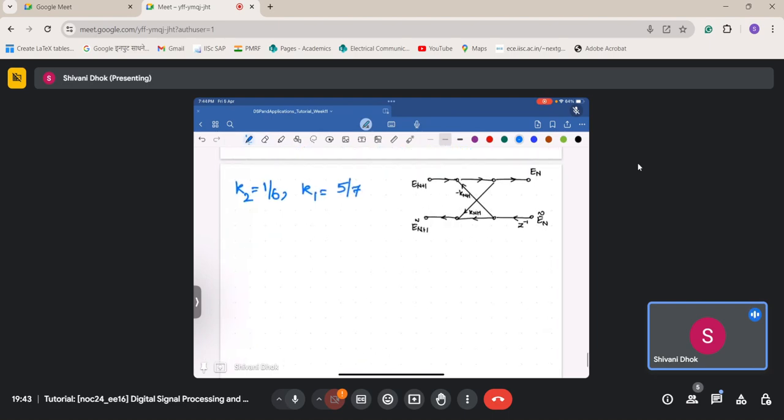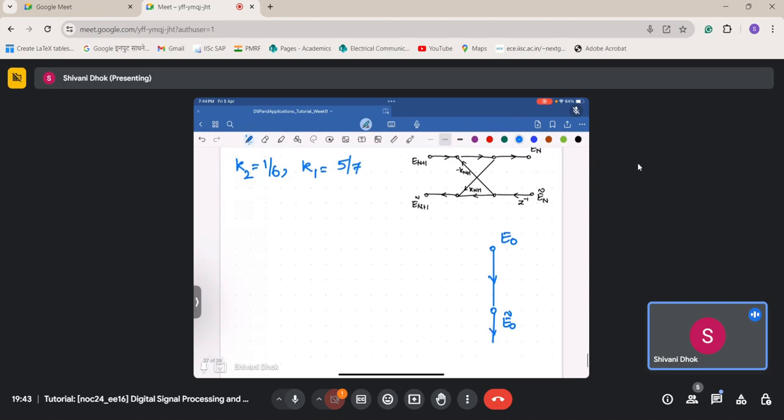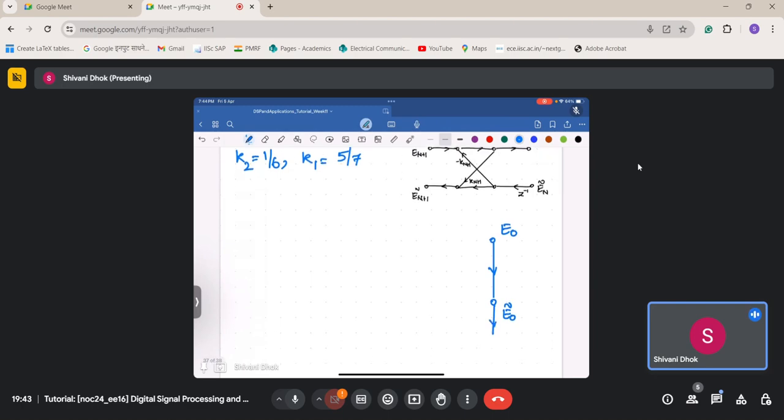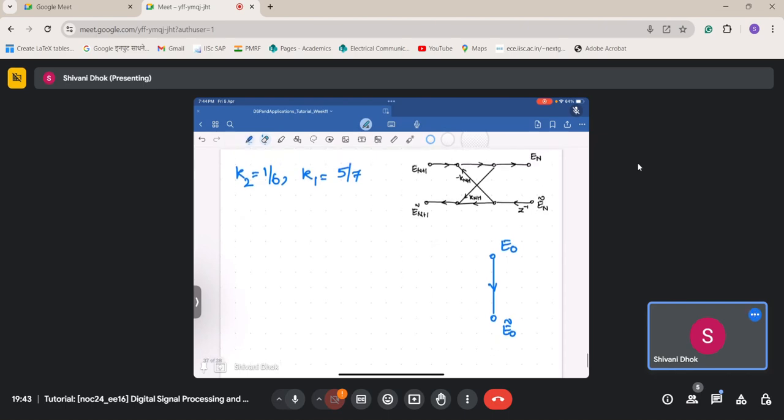So we go on doing it in the backward direction. This thing will be equal to E0, this thing will be equal to E0 tilde. These are the same, and we take output from this part.